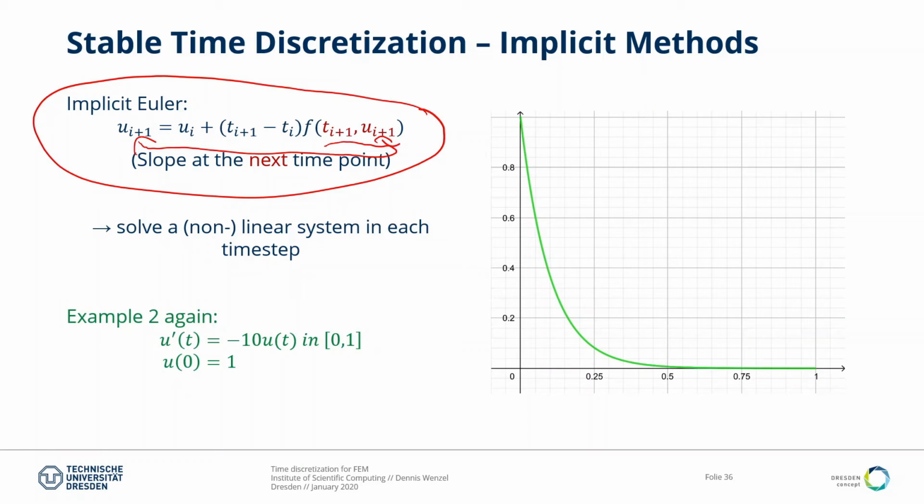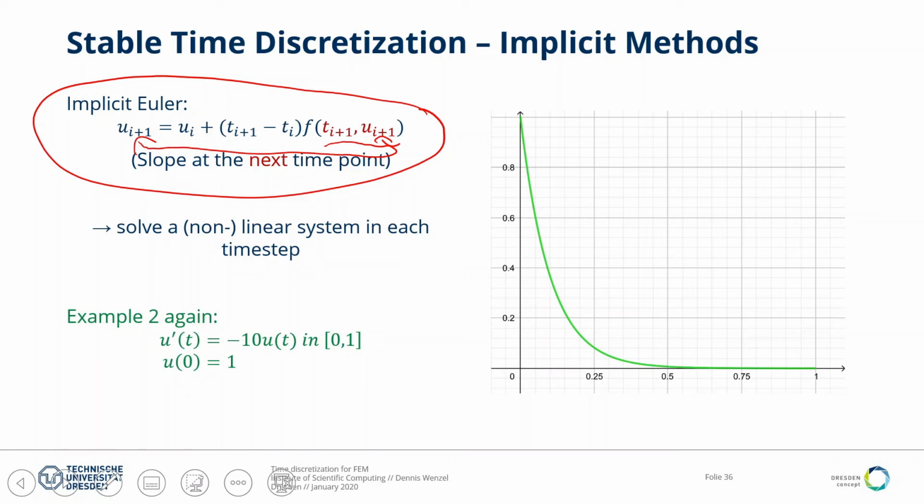So the simple thing that I just did by saying, okay, I am at u0 and then I go forward like this, that's just not doable. Instead, you end up having a linear or maybe even non-linear system to solve in each time step. So that's a kind of problematic deal. But then if you look at your example again, and you can already guess what's happening here because I've drawn the plot much smaller.